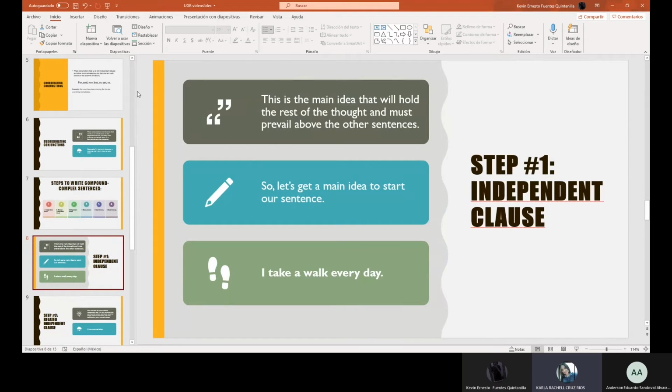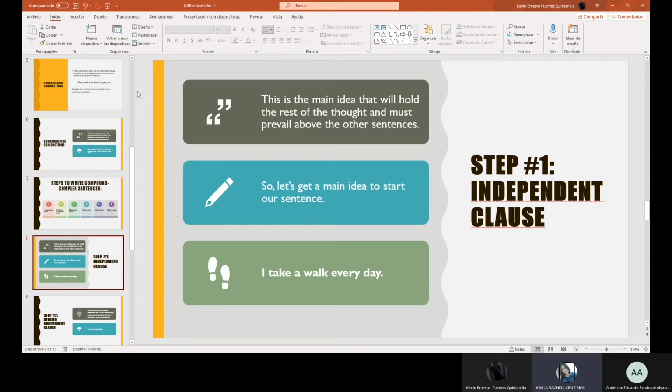Now let's see step number one that we must follow if we want to create a compound complex sentence. That is that we have to have an independent clause. This is the main idea that will hold the rest of the thought and must prevail over the other sentence. So let's get a main idea to start our sentence. The first thing that we need for our sentence is an independent clause.